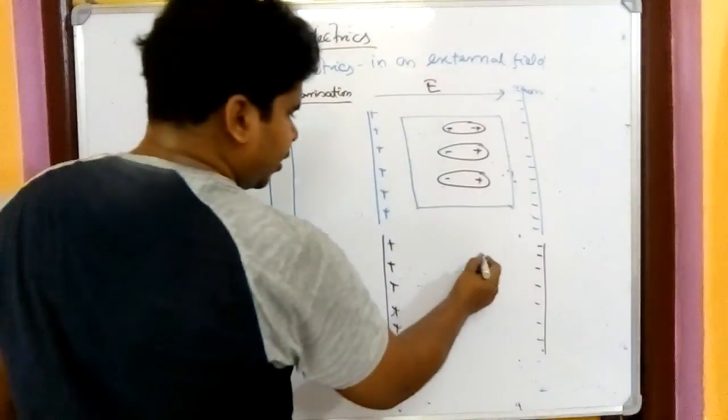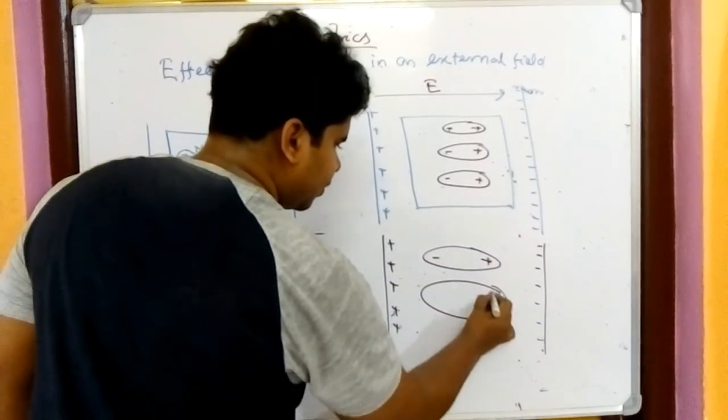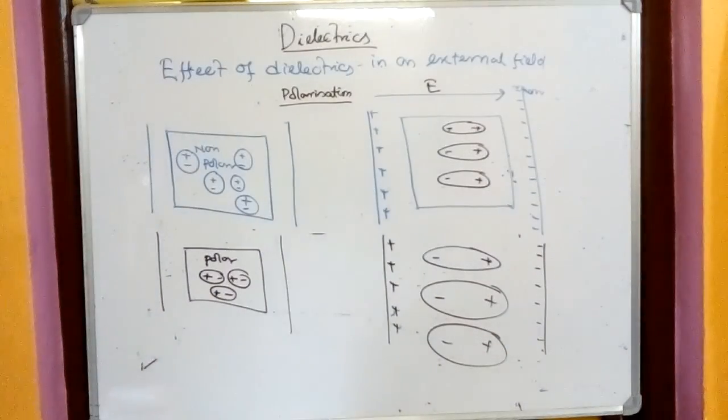But as we have kept it here, the length of the pole will be increased. That means it is already polarized from earlier, but now the length of the pole is increased more for polar dielectrics. So how the two types of dielectrics behave in an external field, you have seen.